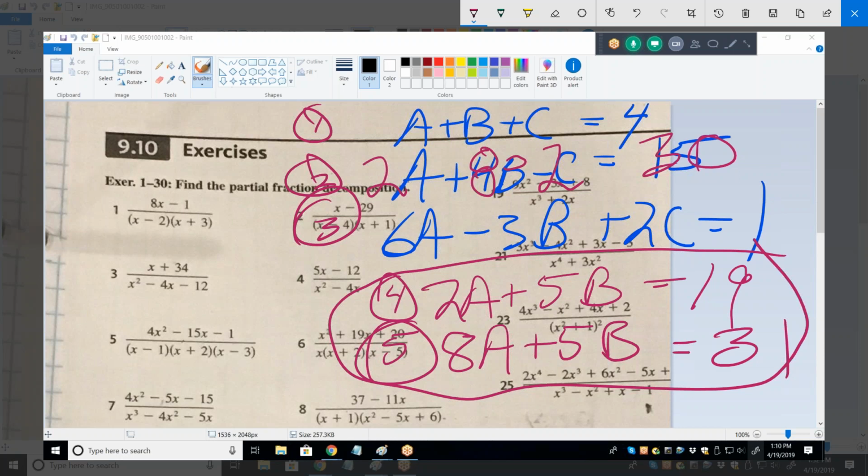I don't need to take that step. What if I take equation 5 and subtract equation 4? What do I get? 6a is equal to 12. A equals 2.